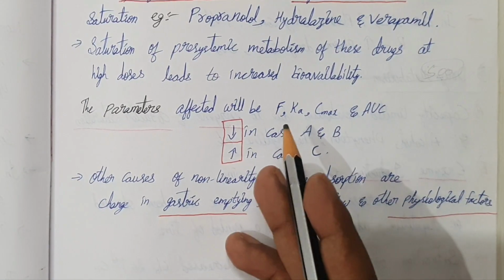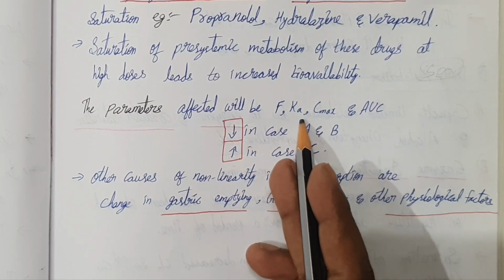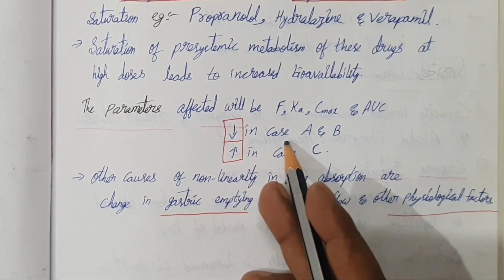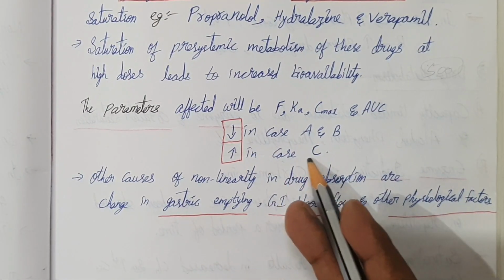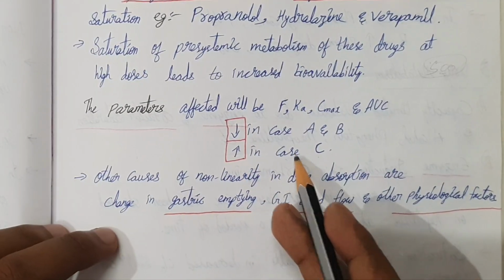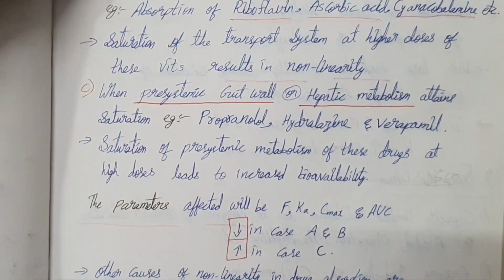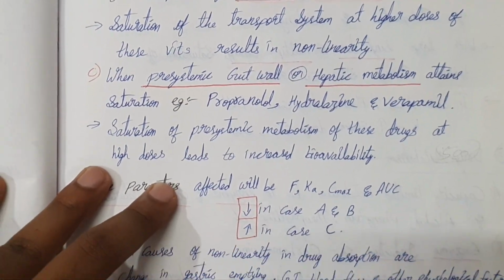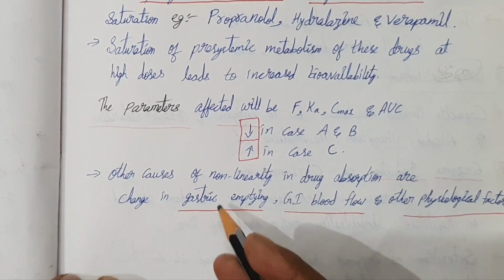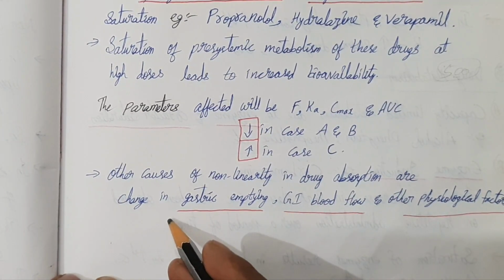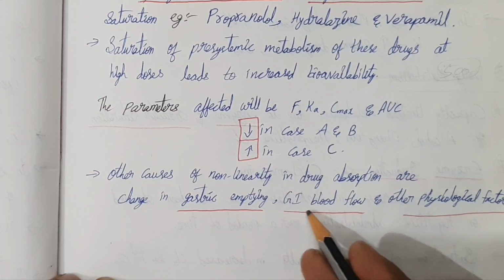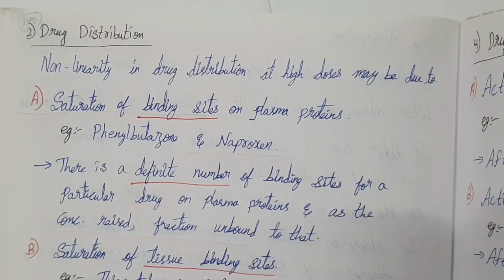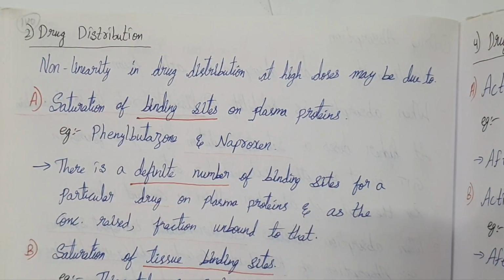Parameters affected are F, meaning bioavailability, absorption rate constant, Cmax and AUC. They decrease in case A and B and increase in case C. Other causes of non-linearity in drug absorption are changes in gastric emptying time, GI blood flow and other physiological factors.